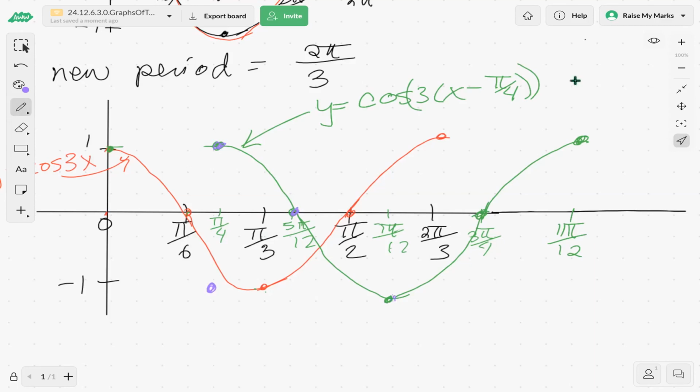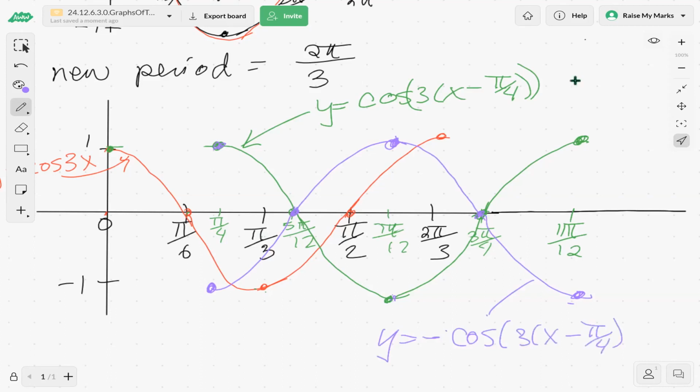The -1 gets reflected back up to +1. Then 0, and again -1. So now we have our purple curve, and this is our final curve. This is our function y equals negative cos of 3 times, in brackets, x minus pi over 4.